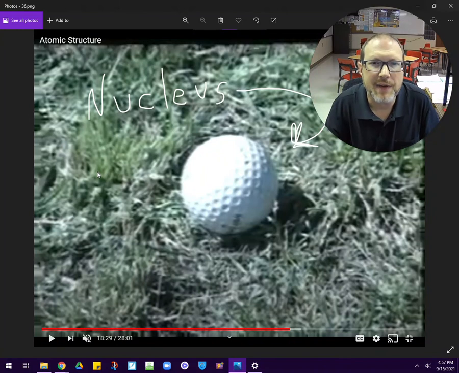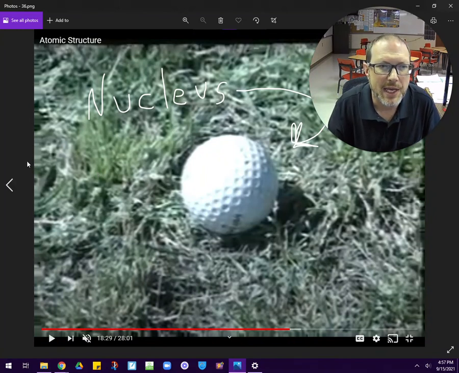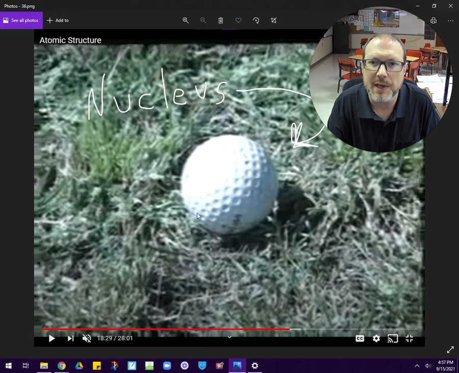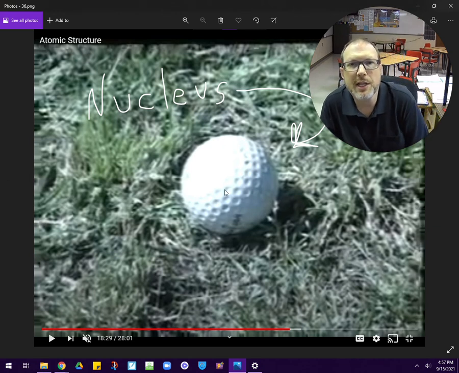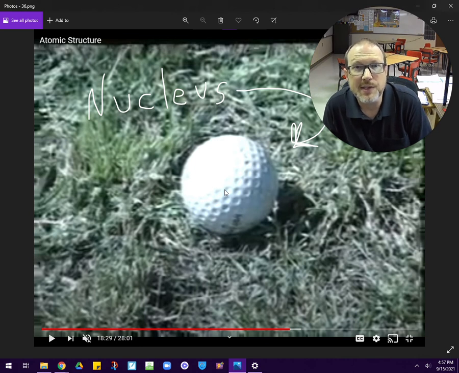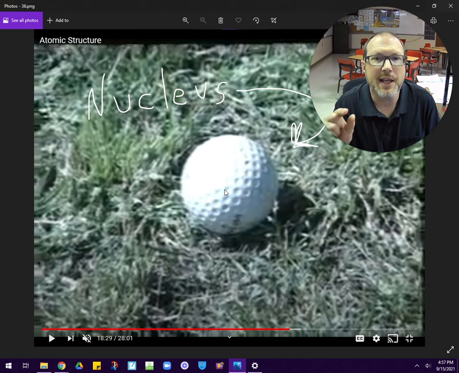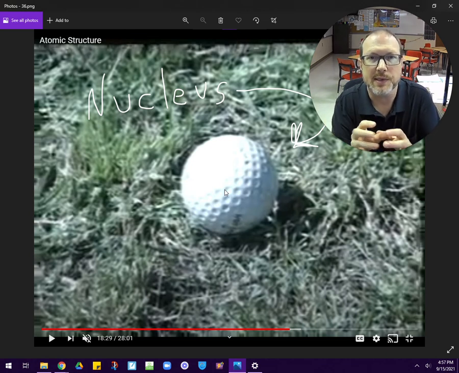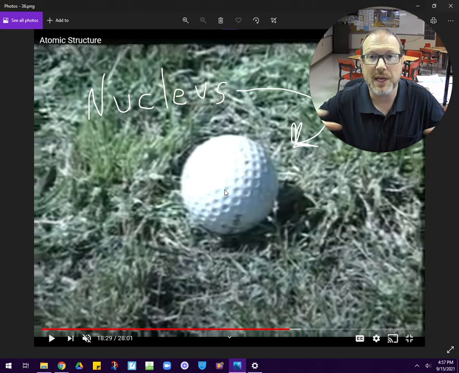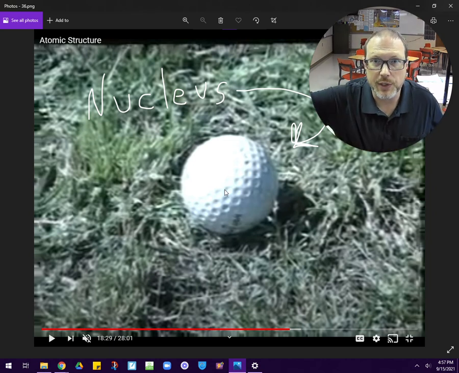Just to give you an idea of how much empty space an atom is made up of, imagine you took a golf ball and you put it in the middle of a stadium, a soccer field or a football field or something like that, and that golf ball was the same size as the nucleus. How far out would you expect the electrons then to stretch?